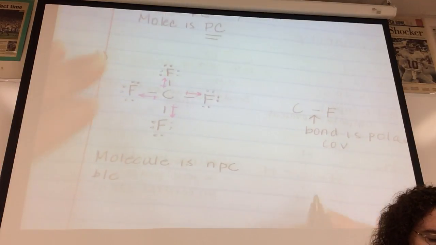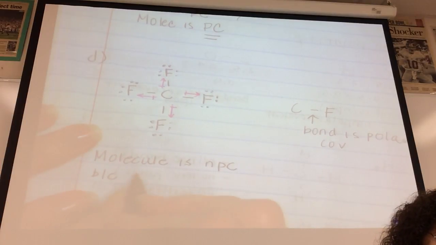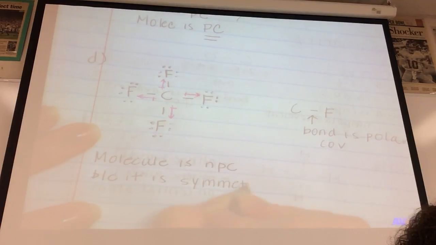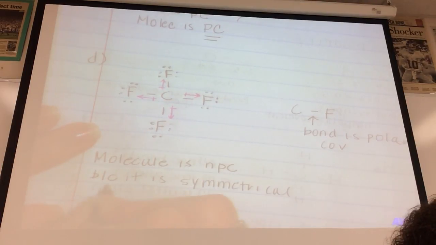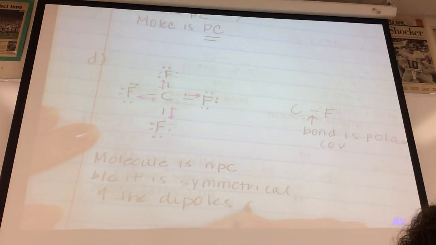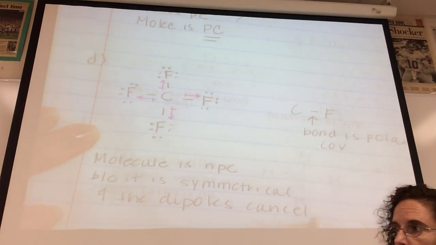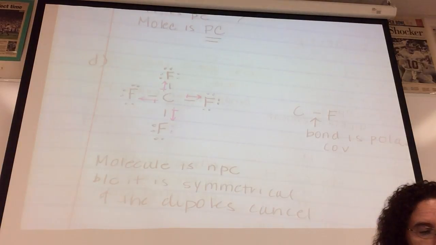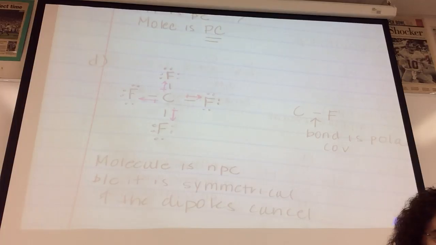because it is symmetrical and the dipoles cancel. And the examples I've given you are predominantly the ones you would see.